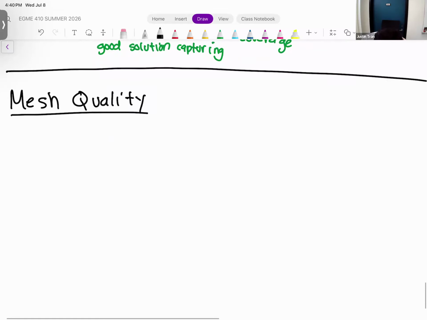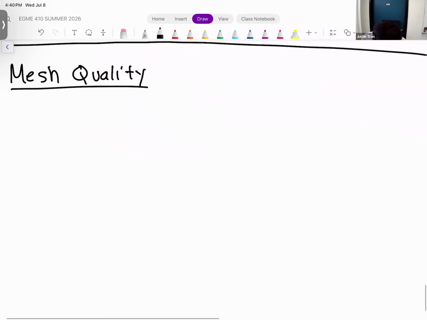Okay. All right, just to refresh your memory, when we refer to mesh quality, what we are really referring to is the relative shape and the quality of the shape of each of the elements themselves. Okay?